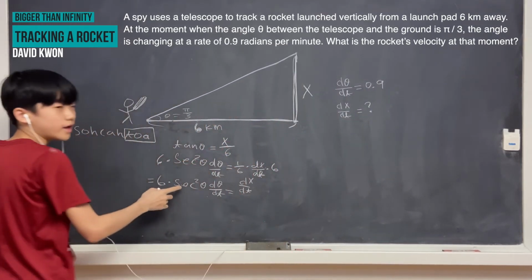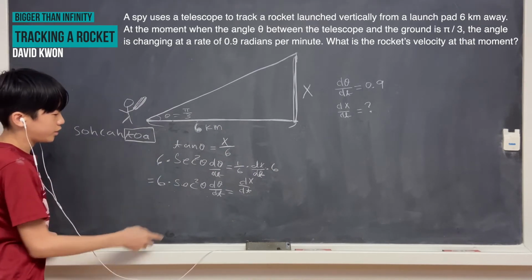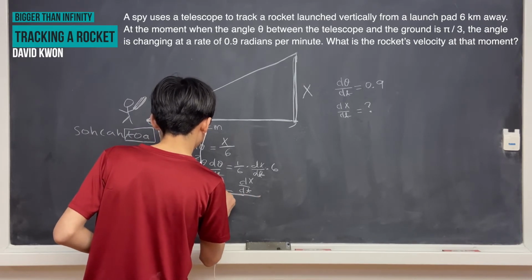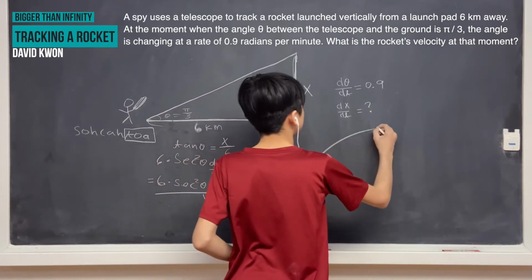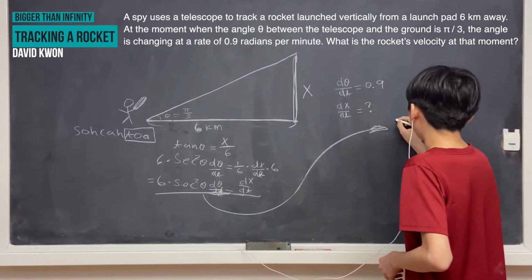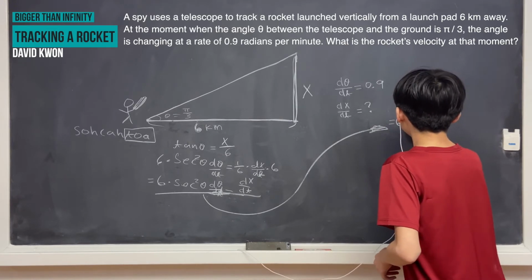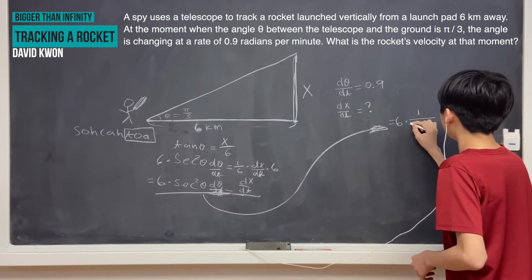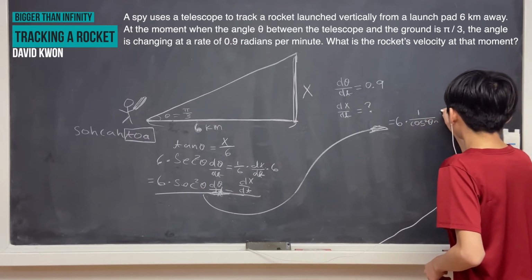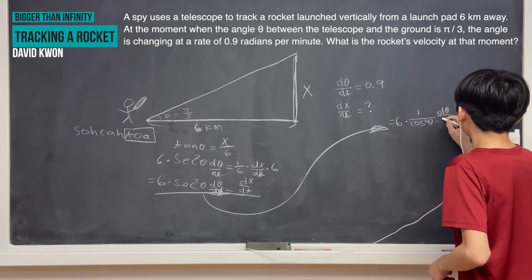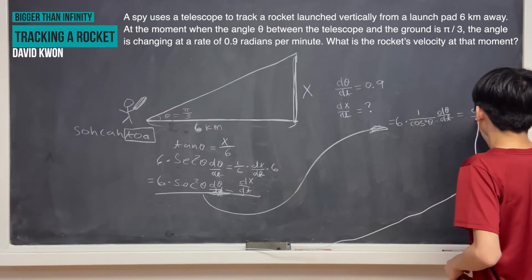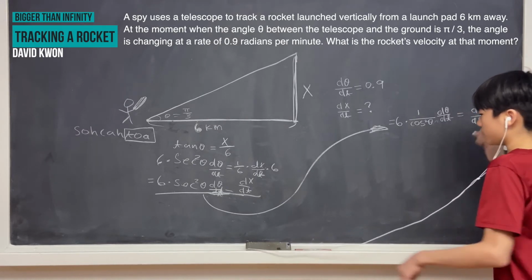We don't want to work with any secant, so we will change this into a cosine. So we have 6 times 1 over cosine theta squared times d theta over dt is equal to dx over dt.